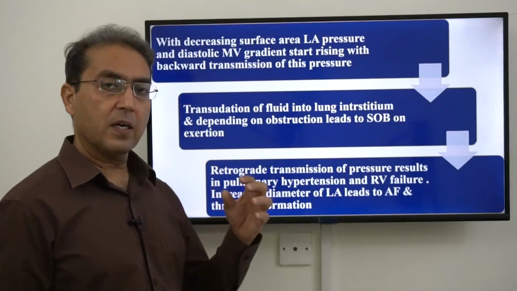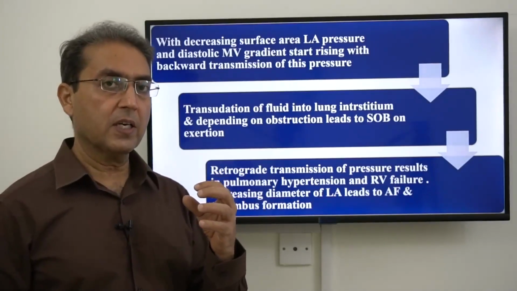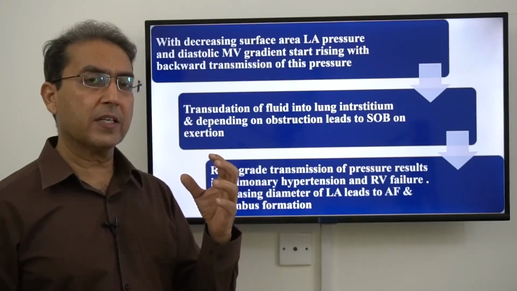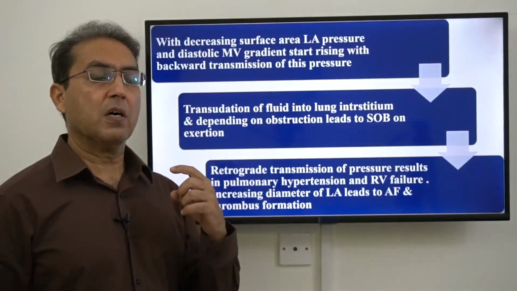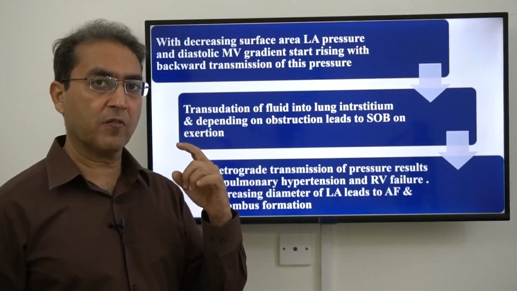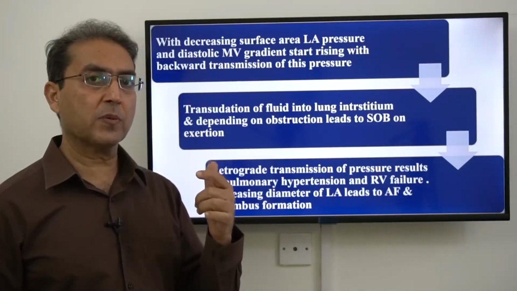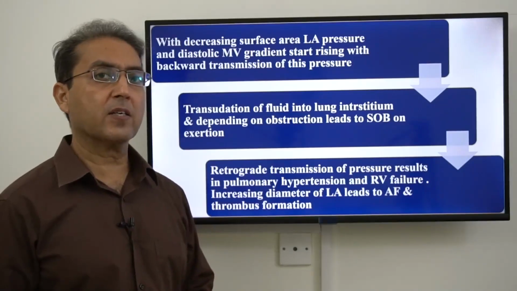And as the left atrial pressure rises, the diameter of the left atrium also increases, and the left atrium starts dilating. Because of this dilatation, atrial fibrillation can start, because with the increasing diameter, the impulses have to travel a very long distance, and with this long distance, it's possible that the phenomenon of re-entry starts and the patient starts having atrial fibrillation.